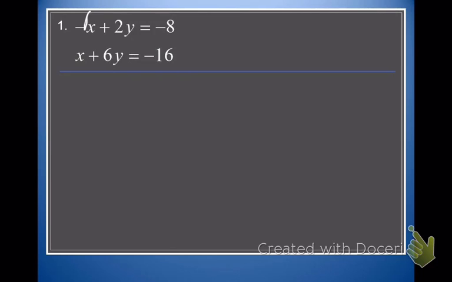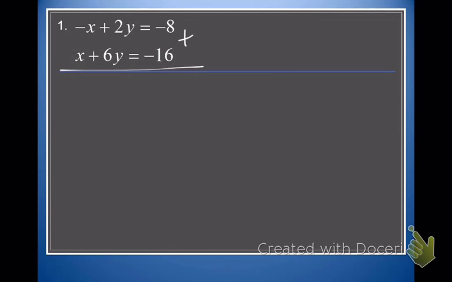Well, if you look here, the coefficients on these x's are 1s, right? So -1 and +1. So our coefficients are already same number, different signs. So we don't have to worry about using multiplication to make that happen. They're already opposites. Since they're already opposites, we're going to go ahead and add these two equations together.